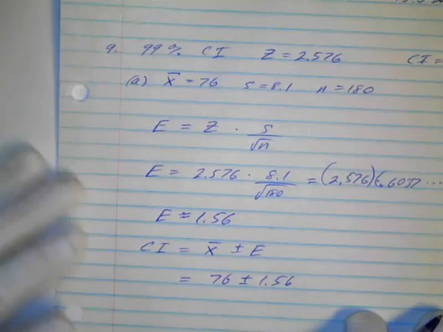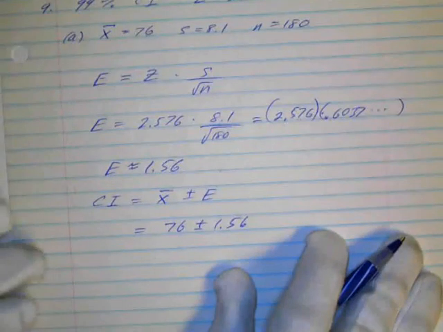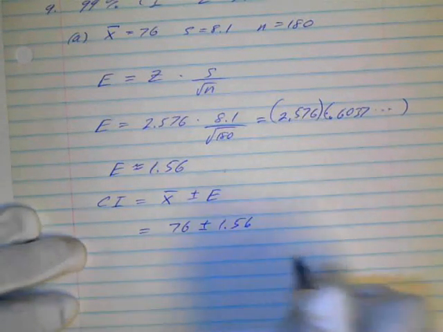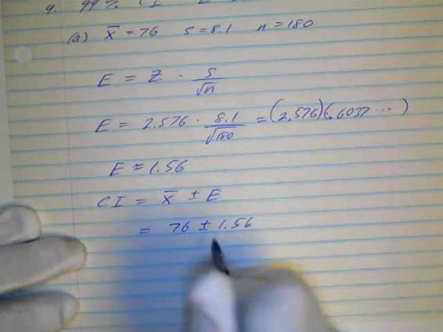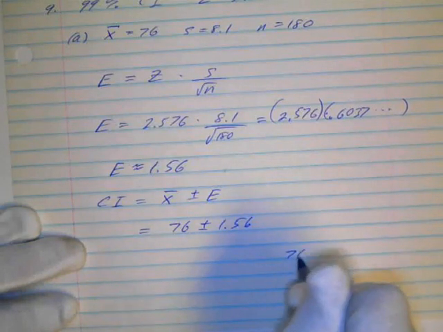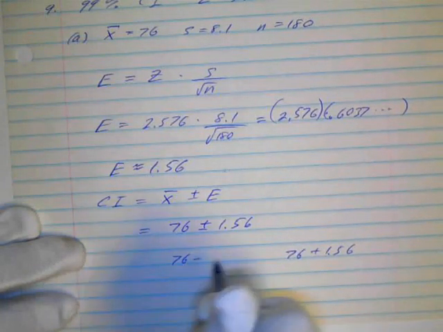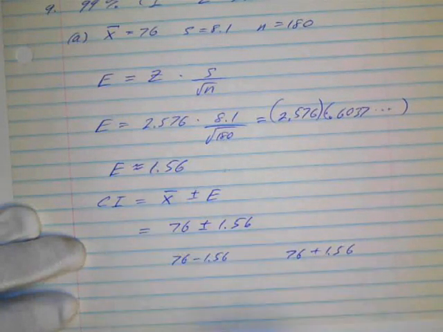And that's going to be where I'm going to have a 99% confidence that my population mean will be in this interval. So I take 76 plus 1.56 and 76 minus 1.56.